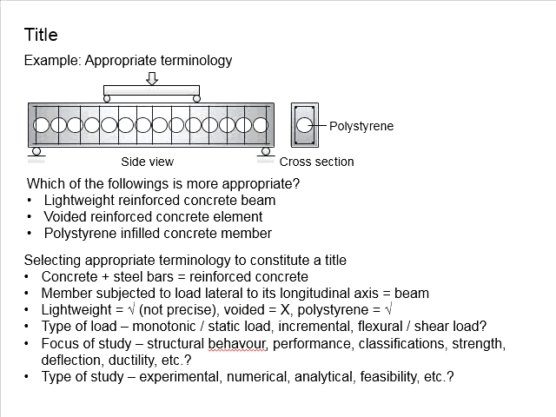Numerical study involves some computations and modeling. Analytical study is normally related to the derivations of equations. And the feasibility study has the purpose of determining whether this kind of member is applicable under certain circumstances.